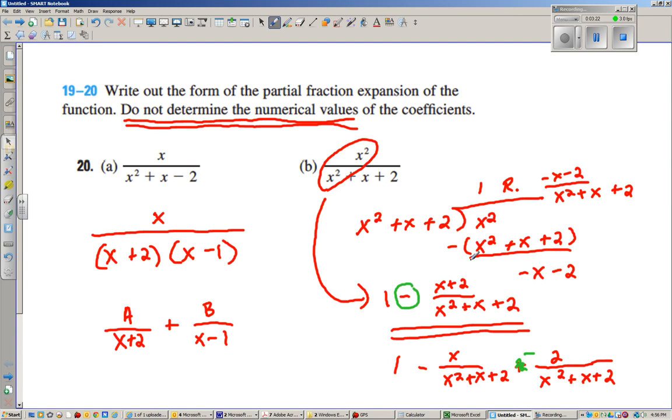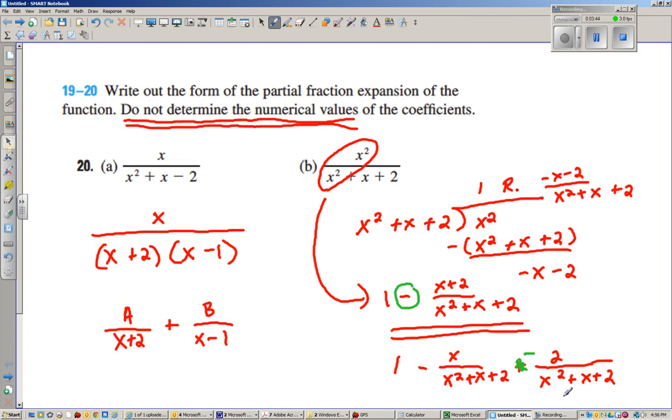Now thank God they didn't ask us to take this any further, because of course the first one, the integral, is x, and this next one isn't so bad because we can use the denominator with a u substitution, take the derivative, and we'll get 2x plus 1, and we can use that and fix the numerator in terms of u and du.